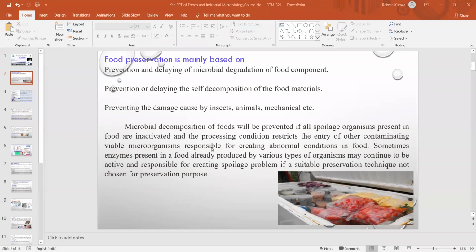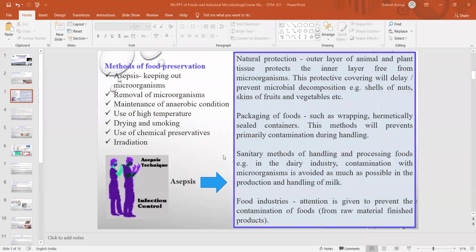Sometimes some enzymes are there in the system, and it is also important to inactivate those enzymes because they are responsible for creating spoilage problems. If a suitable preservation method is not chosen, we have to have a complete idea about the manufacturing operation, what type of temperature you are using, and what type of condition is created during the manufacturing operation.